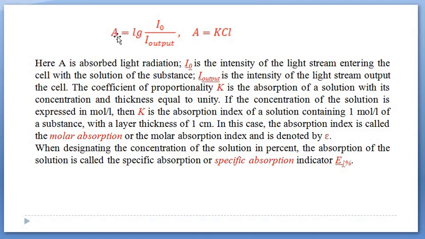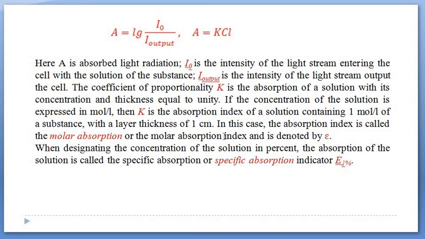A is the absorbed light radiation. I0 is the intensity of the light stream entering the cell with the solution of the substance. I output is the intensity of the light stream output from the cell.